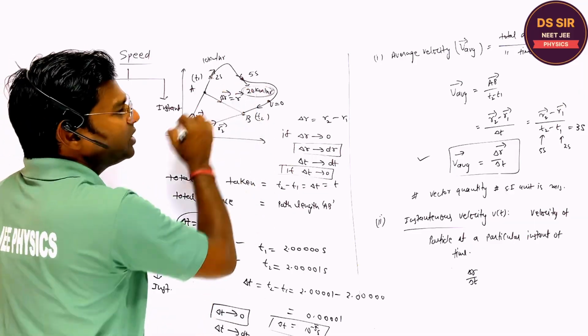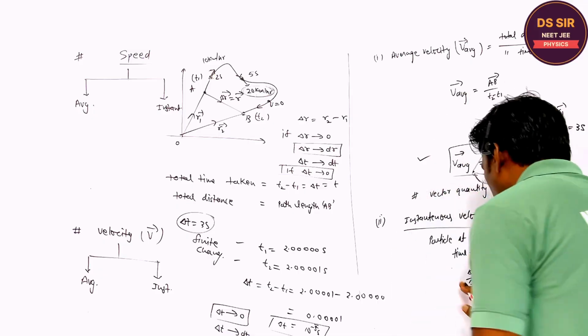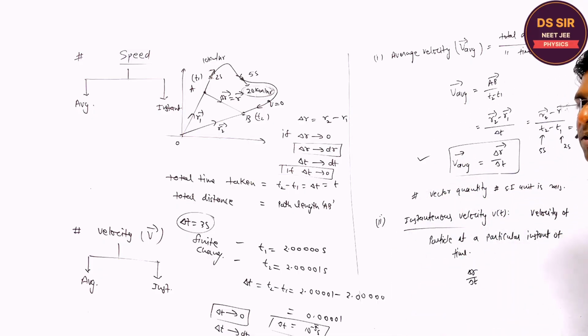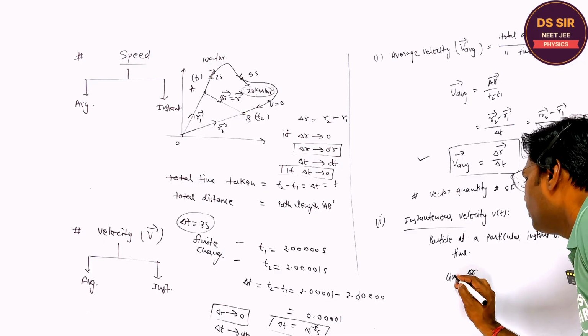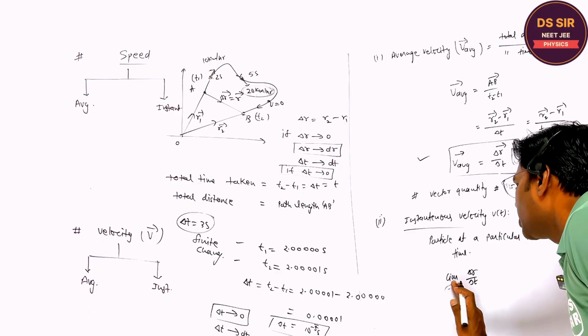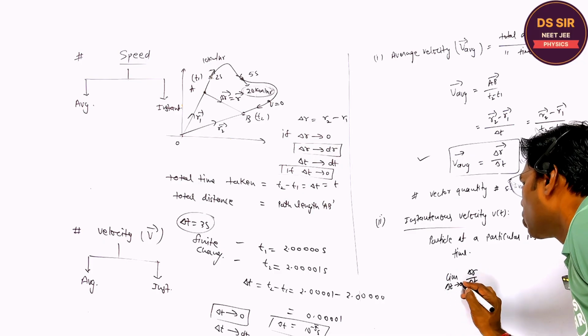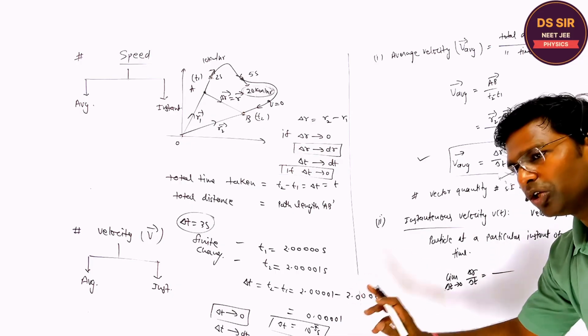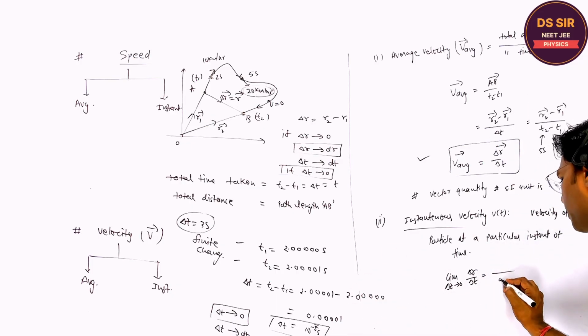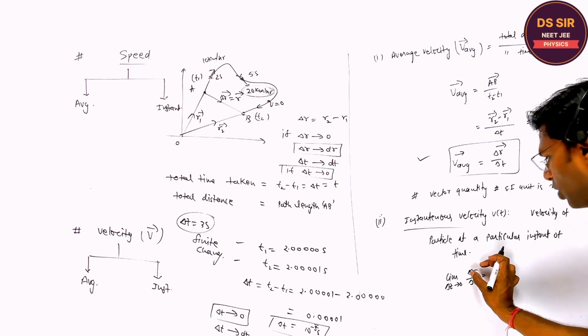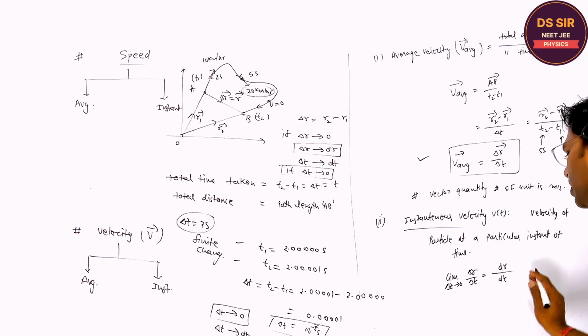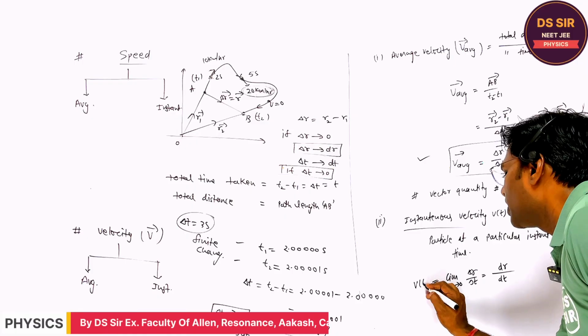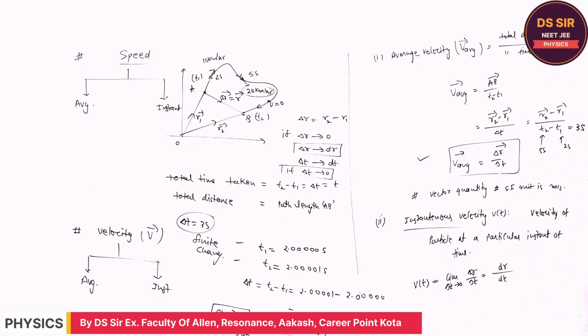For the instantaneous velocity, the change in time is very small, a very elemental change. So therefore we will write limit delta t tending to 0. Then if delta t tends to 0, delta t is represented by dt, and also delta r becomes dr. So this is defined as the instantaneous speed.